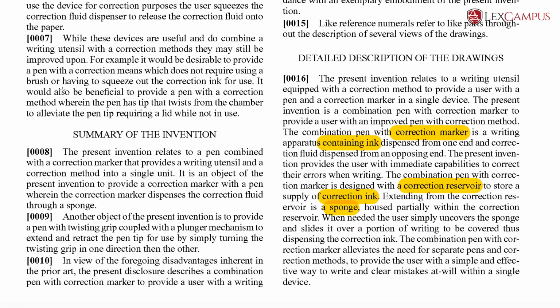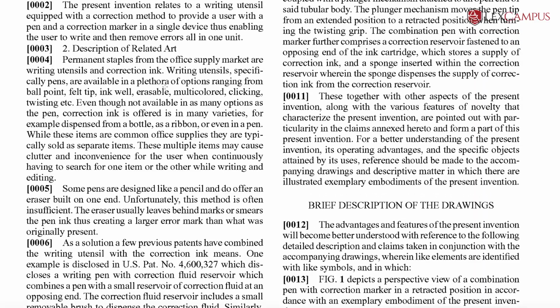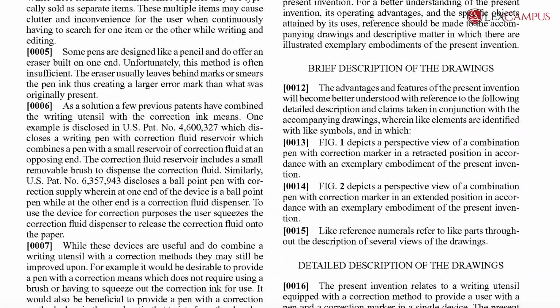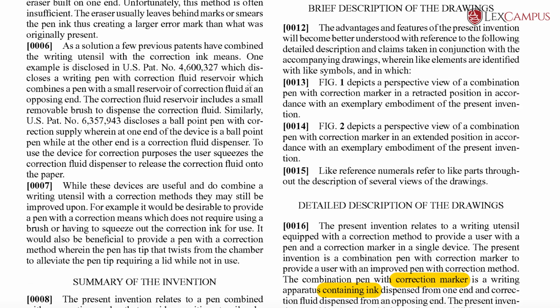For that, you can just quickly read the summary of invention. The summary of invention will tell you how this is combined and how the invention is presented. Following the summary, you have a brief description of drawings. The brief description is a very short description of what figure 1 and figure 2 are, followed by a detailed description of drawings.